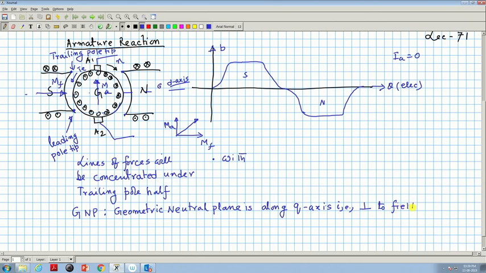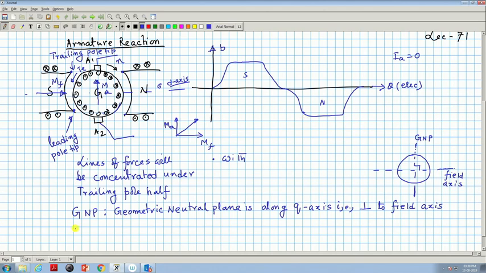By field axis I mean the stator field axis. So, this is the armature, this is your field axis. The geometric neutral plane is this one, GNP. Clear? This is the field axis. So, GNP is a line perpendicular to this.